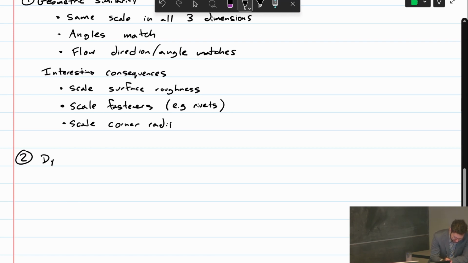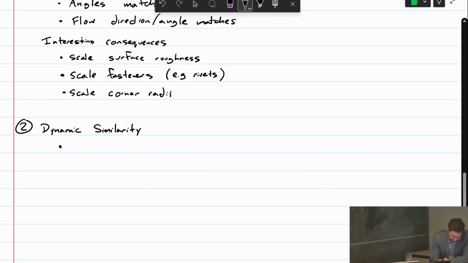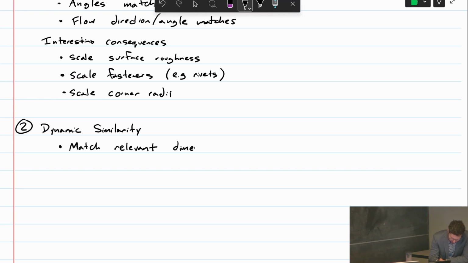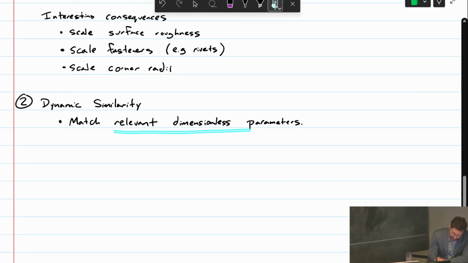Second one is dynamic similarity. Dynamic similarity requires that you match the relevant dimensionless parameters. To determine these relevant dimensionless parameters, we're not going to have a way to do that for a couple of lectures.